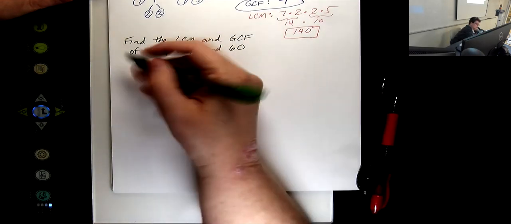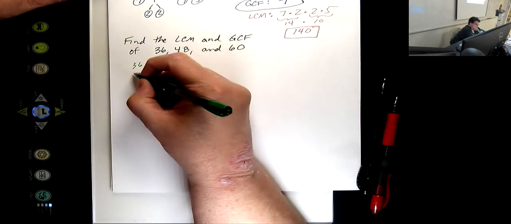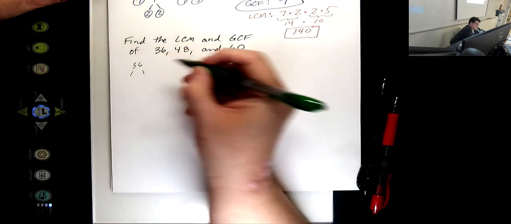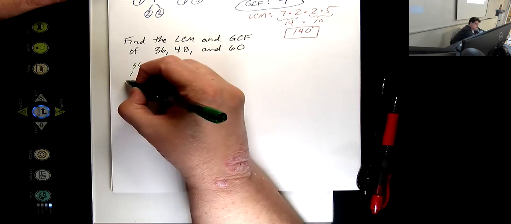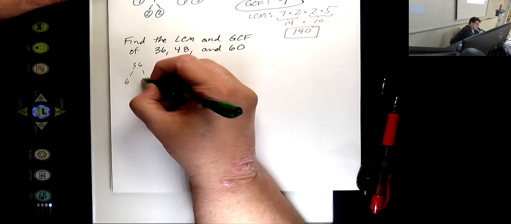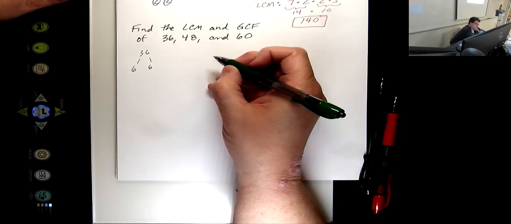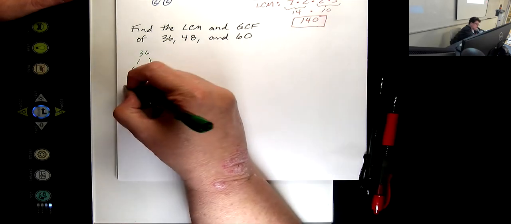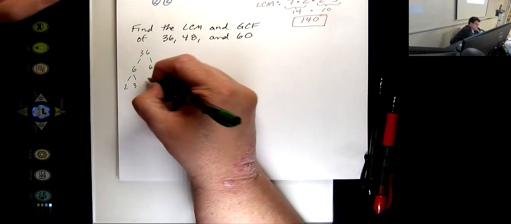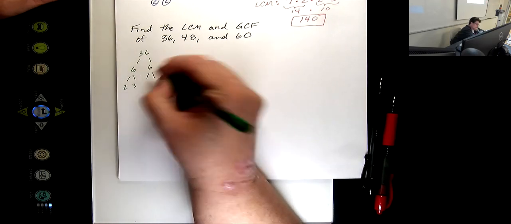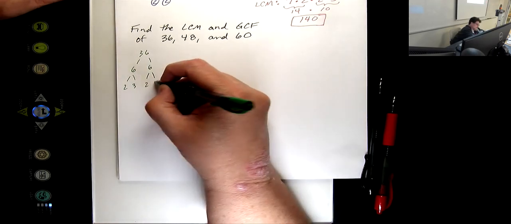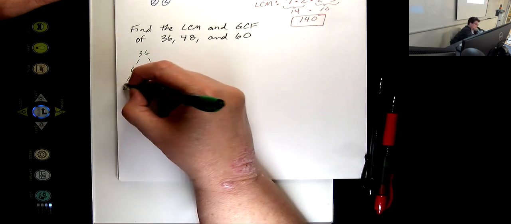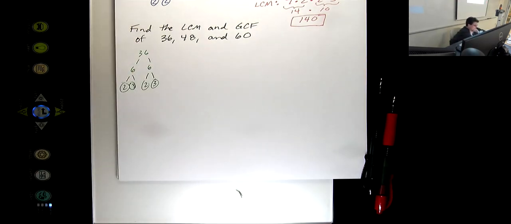What are the 2 numbers that make 36? I don't want to do that for a reason. I want to show how it falls out from the table. 12 is going to be the greatest common factor, but if you don't recognize that, it doesn't help you to start there. So 36 is 6 times 6, and then those break down.